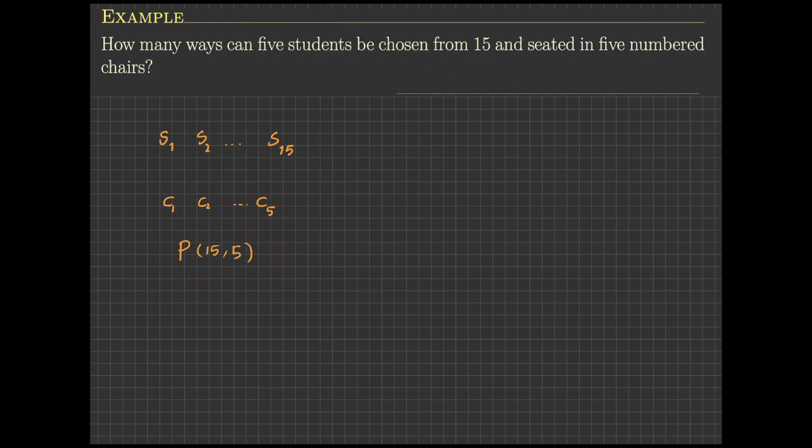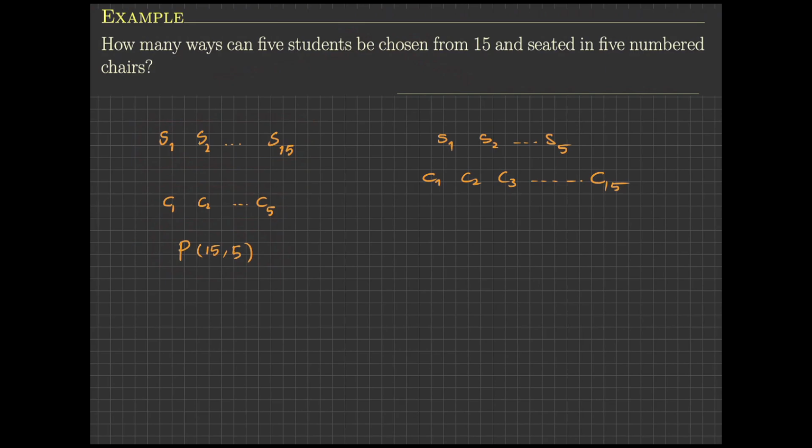Now, in the problem I expressed here, the number of students is 5, but the number of chairs is 15. So my question is, in how many ways can we do this? Of course, many chairs are left empty this time.